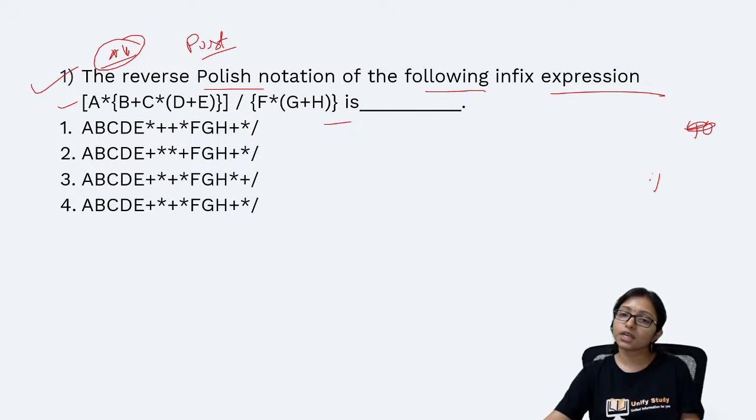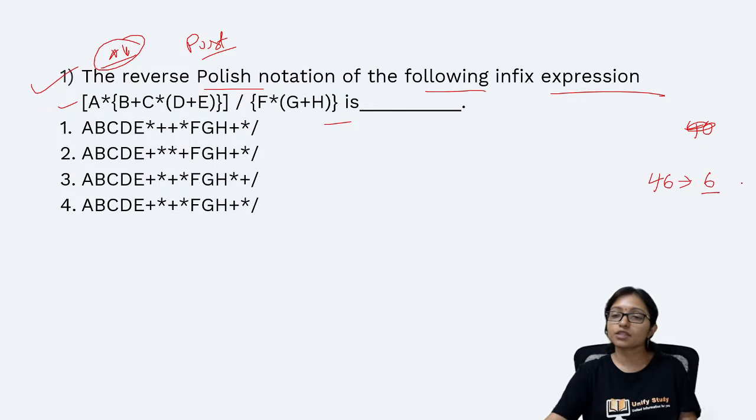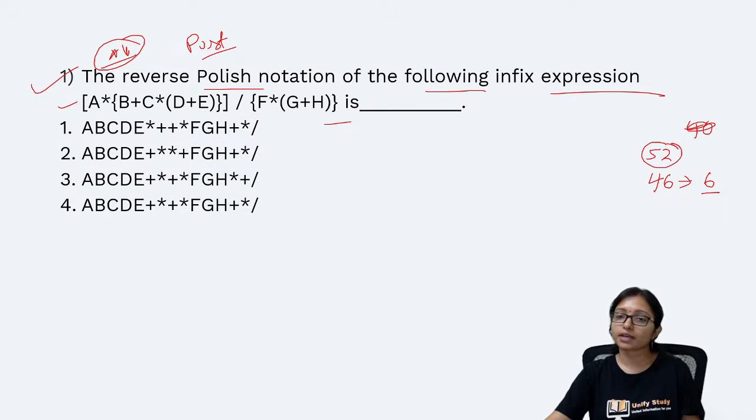There is no relation between 46 and 52. 46 will come in the 6th position. So there was no clash with 52, right? 52 was coming before that. There was no clash. That's why 46 can be there. Definitely 46 was in the correct position.